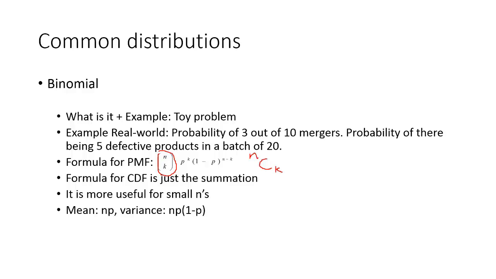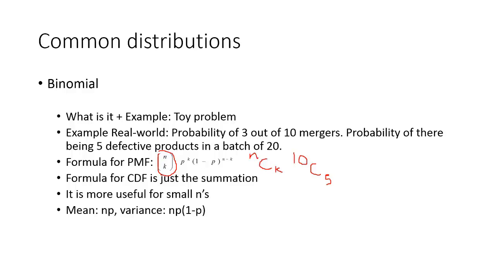So here, for instance, if I was interested in finding out the probability of getting 5 heads, then 10 would be the n, choose 5. So how many ways are there of choosing 5 out of 10? So I toss the coin 10 times.